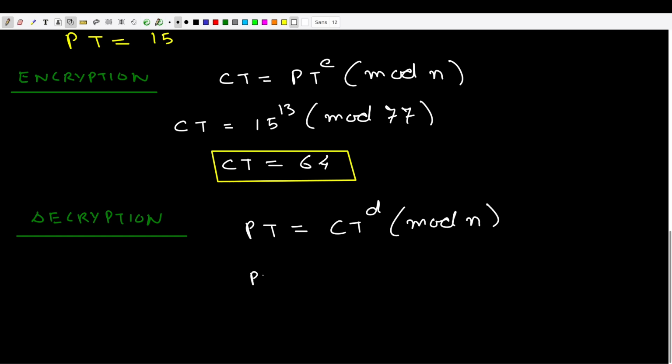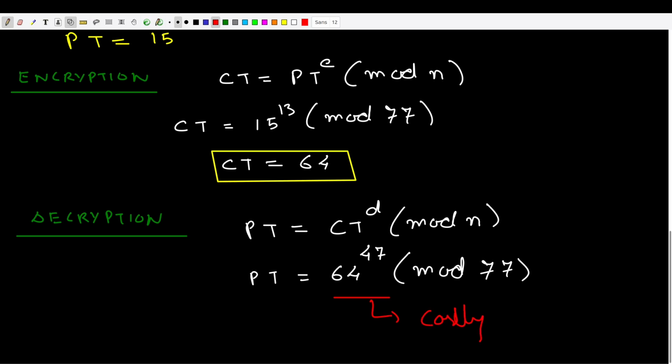So now let us plug in the values. Ciphertext is 64, and D is 47, and mod is 77, right? And this is what I was talking about, that this exponentiation is a costly operation.